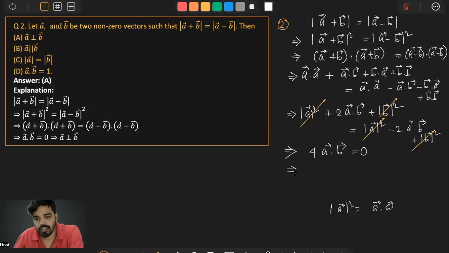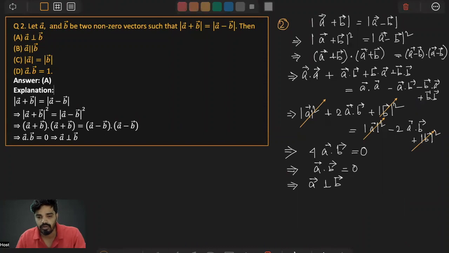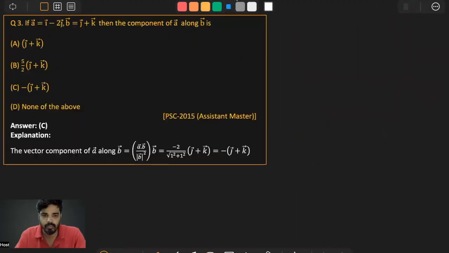So that means A dot B is equal to 0, that is A is perpendicular to B. Okay. So I think clear. Which option is correct? Option A is the correct answer. So next example. This question was asked in PSC exam 2015.